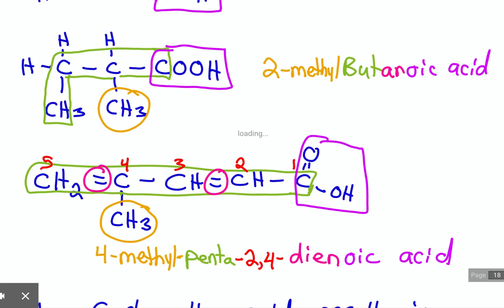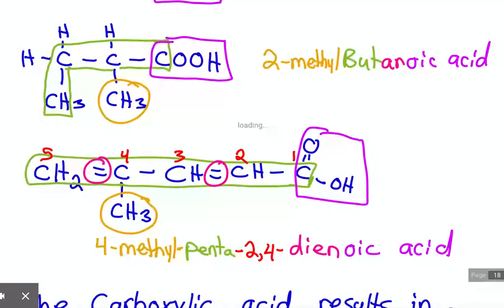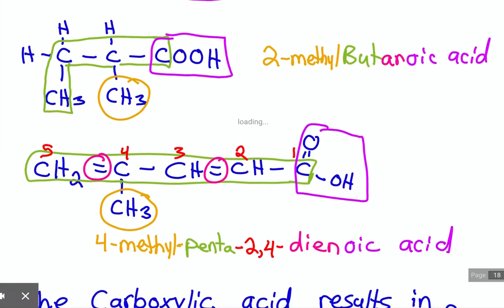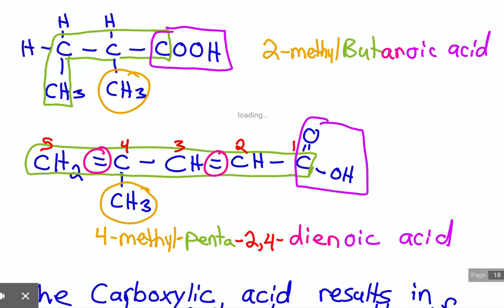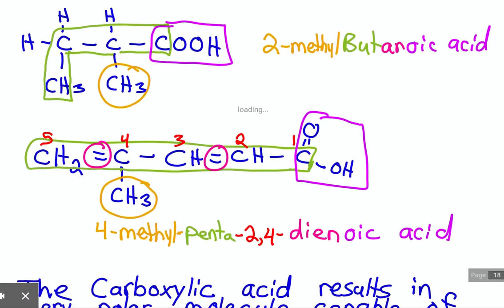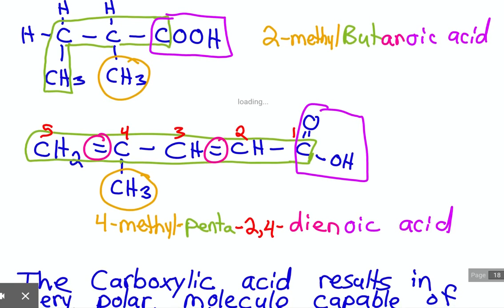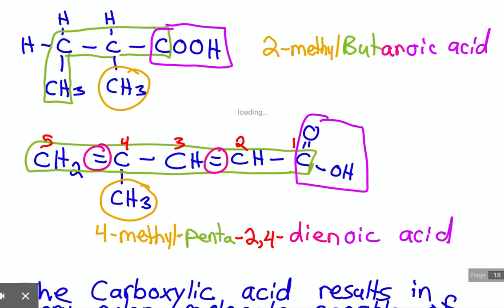Oic acid for the carboxylic group at the end here. And carbon number 4 also has a methyl. So we just add our branch chains like we normally would, giving the carbon that has a carboxylic acid group on it preferential treatment in numbering.